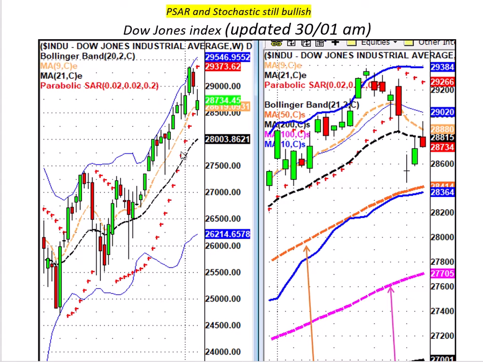All those dots below the candles were very positive, and it looks like we're starting to see a change in the momentum. Obviously we need another dot to confirm the first trend change.